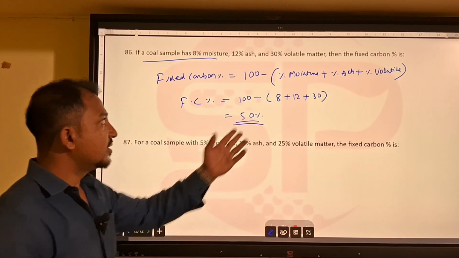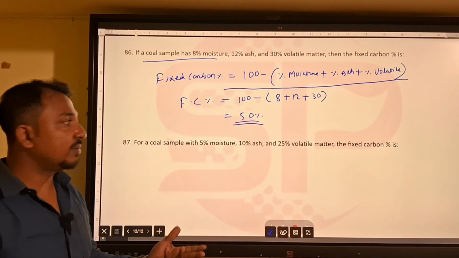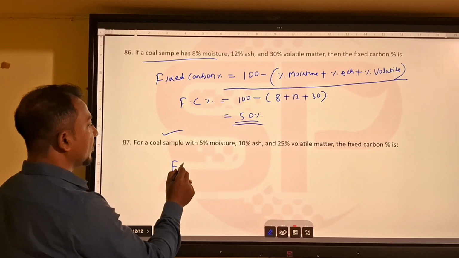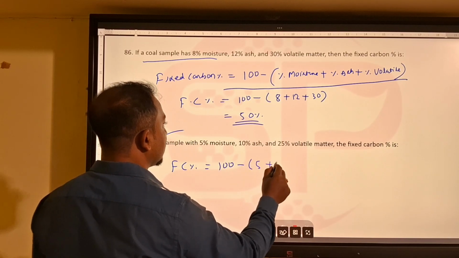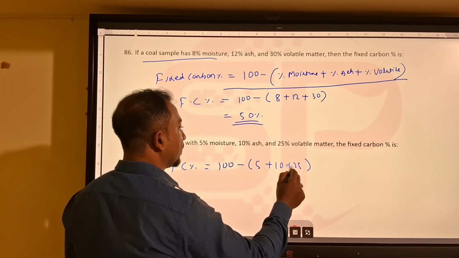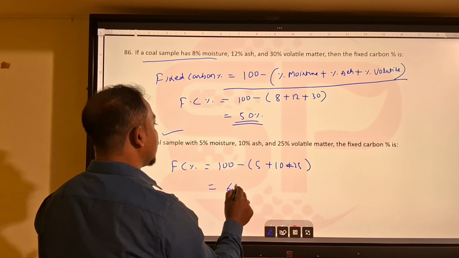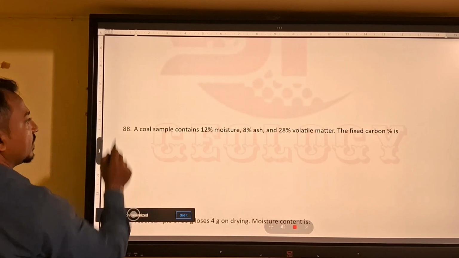So it is very easy, just you have to remember this formula. Then it is a one-step calculation. You can also calculate this by using the same formula, 100 minus 5 plus 10 plus 25, which will be 35, so it will be 65%.